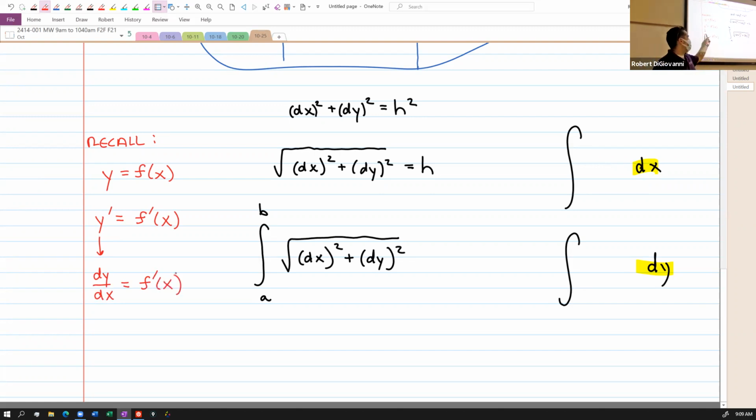So dy dx is just a different notation. But look at this. This is an equation, so I can multiply both sides by dx, that little differential, and I get an equation for dy. It's f prime of x dx. That's what dy is. So where I have dy in this integral, I'm going to replace it with f prime of x dx.